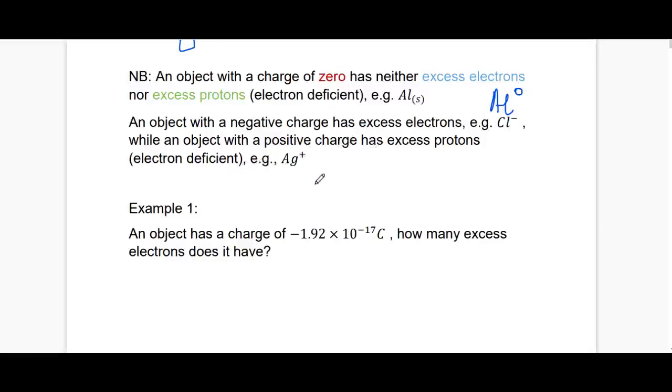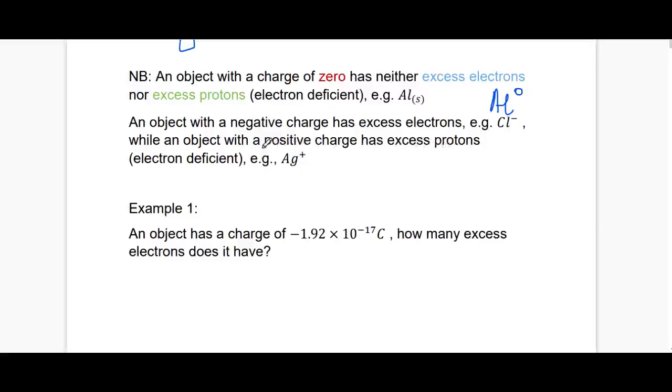You will hear these terms in some questions asking you to calculate the number of excess electrons, calculate the number of excess protons, or what the charge is if the excess protons are a given number.